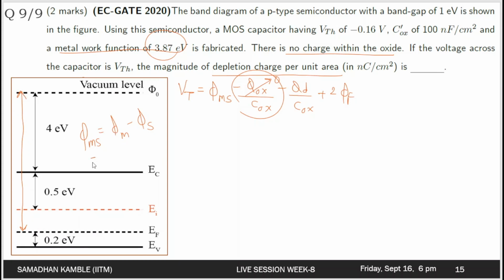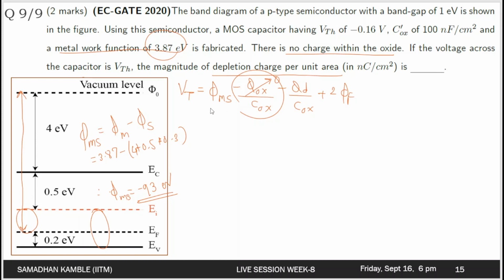So if you substitute phi m first, that is 3.87 minus phi s, which is this value, that is 4 electron volt, plus half EV, that is half of the band gap, plus this. So this total is 0.5, so 0.5 minus 0.2 is 0.3, plus 0.3. If we calculate the value of phi ms, we will get phi ms as minus 0.93 electron volt.